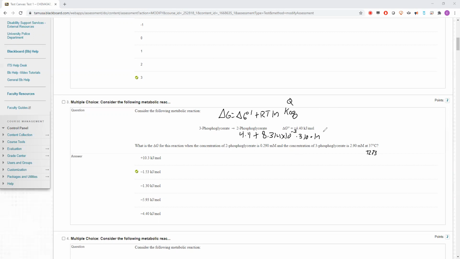Our products are 0.290 divided by our reactants, which is 3-phosphoglycerate, 2.90. And there we will get our delta G, which should be negative 1.53.